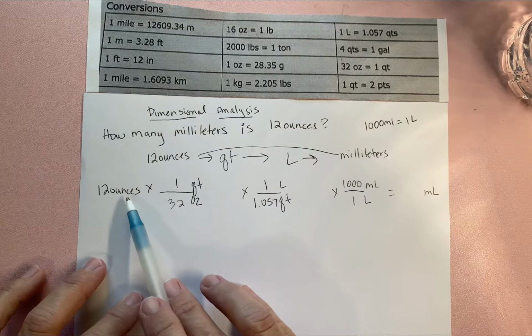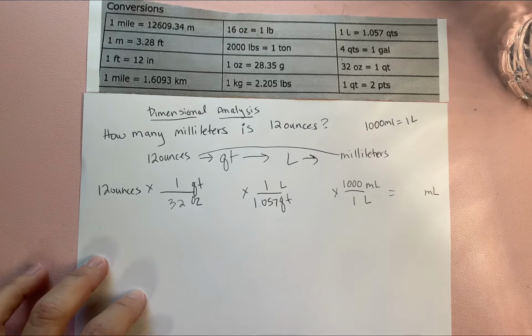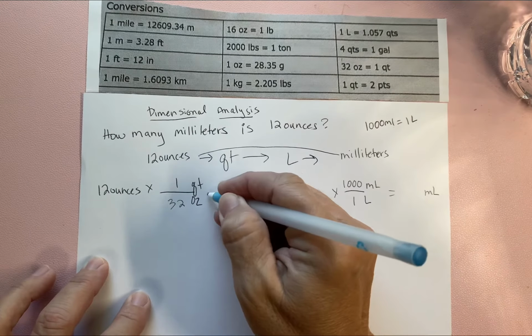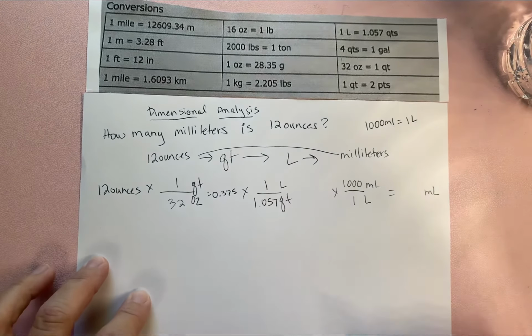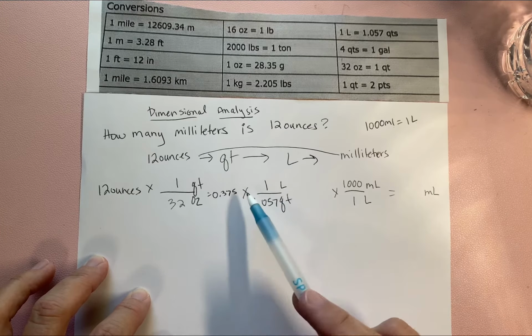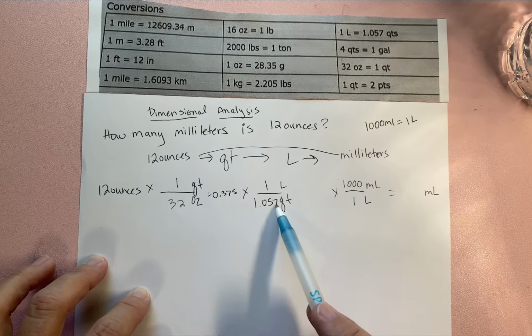So now we're going to do the math. 12 times 1 is 12. 12 divided by 32 is 0.375. 0.375 times 1 is the same thing. So we're going to do 0.375 divided by 1.057.